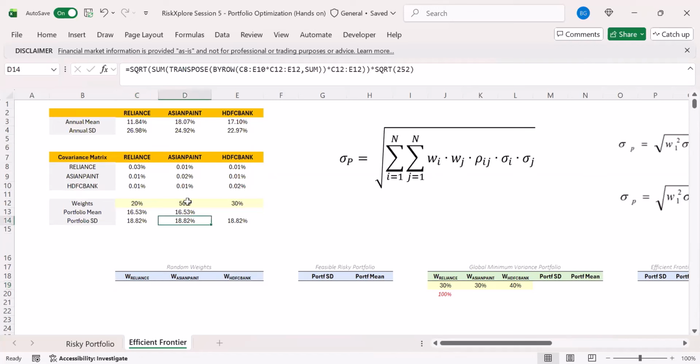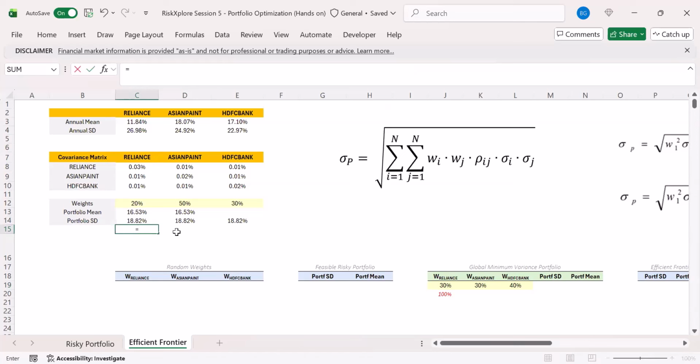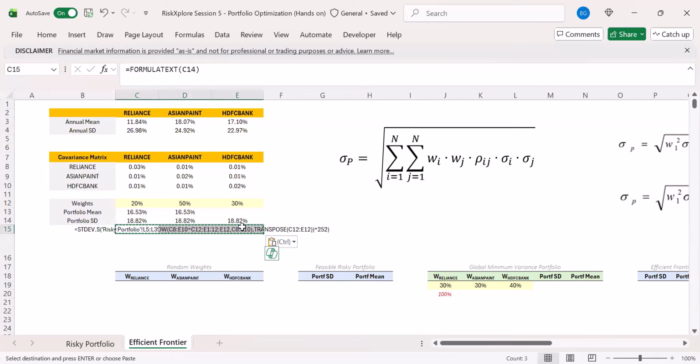Yeah, sure, I can do that. Equals to FORMULATEXT. So we have the formula here. Okay, you can refer to the formula from here. We can copy paste special this as well, right?